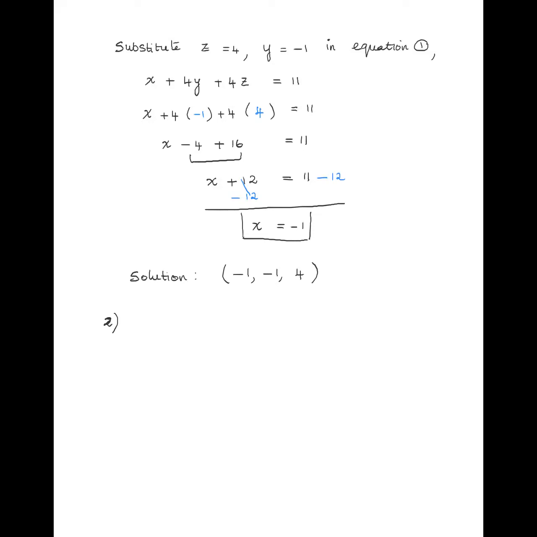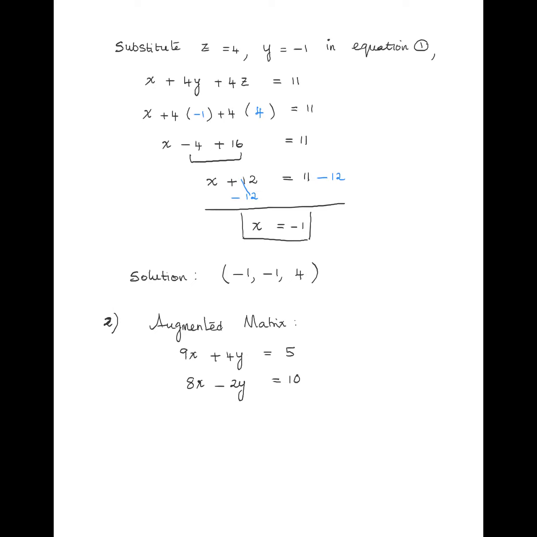Question number 2, we have to write the augmented matrix for the system. So the system of the equations is 9x plus 4y equal to 5. There are two equations with two variables given. So what we mean by matrix is an array of numbers in rows and columns.